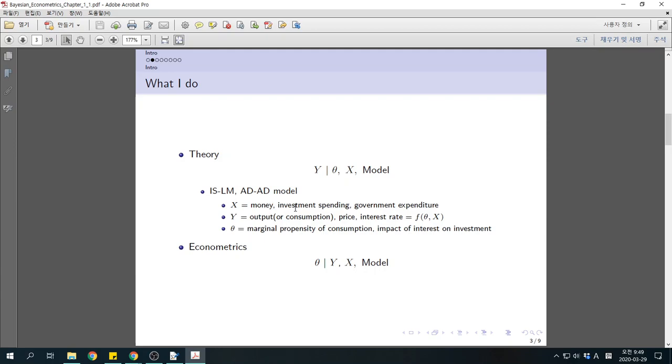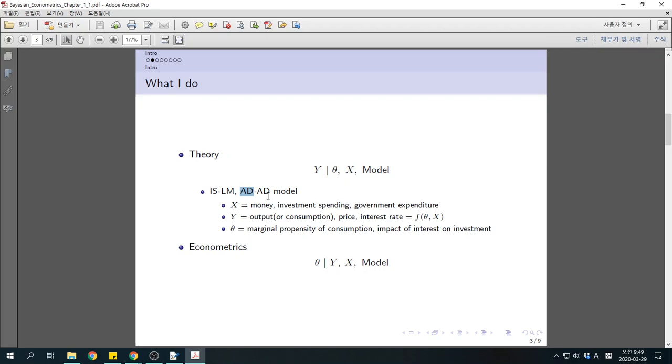What about the LM curve? In the LM curve, there are also endogenous variables y, r, and price level, given the exogenous money stock. So the LM curve is also a structural equation, and the AD-AS curve as well. Of course, sorry, this is a typo. AS and AD curve.